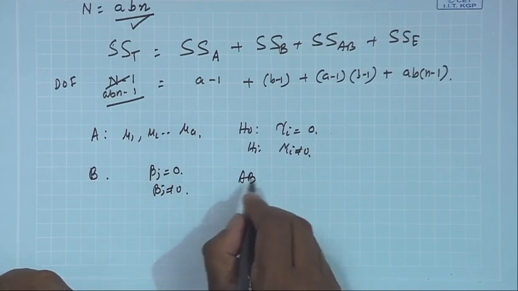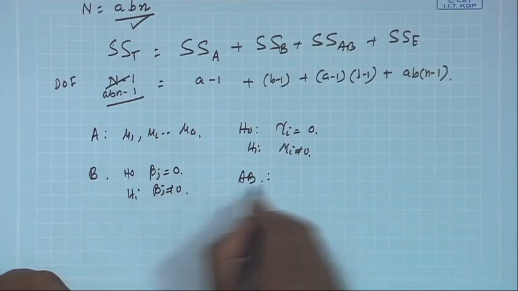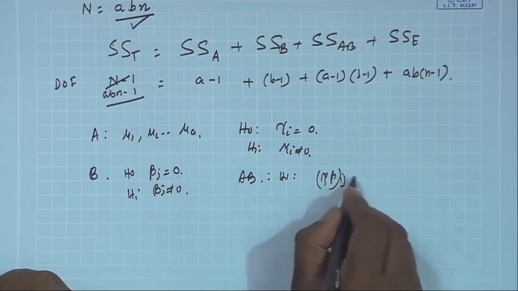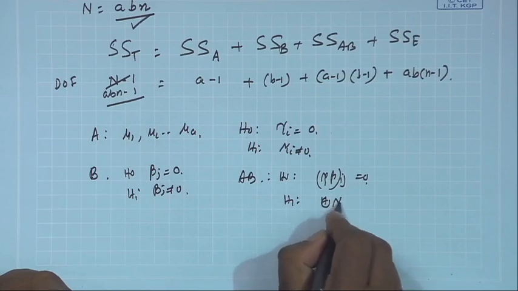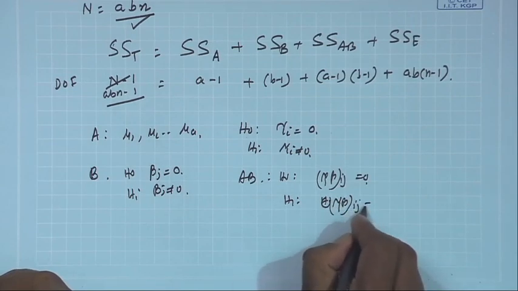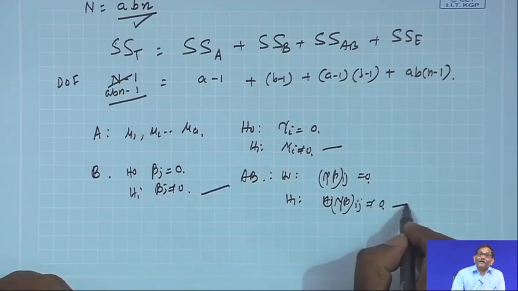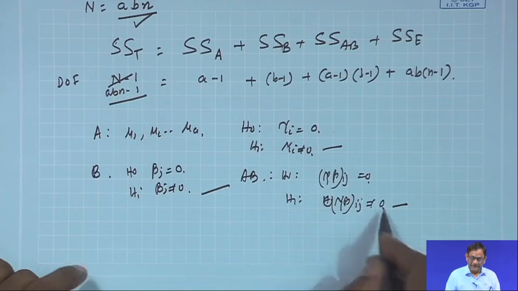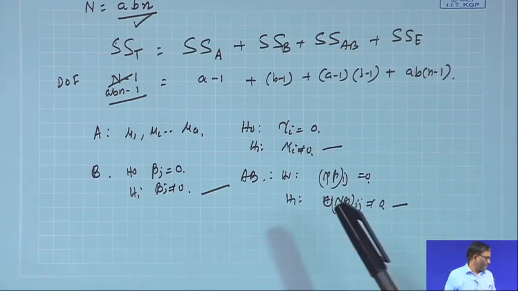Similarly, for AB, H0 is tau beta ij equal to 0, and H1 is tau beta ij not equal to 0. Obviously, in these cases, at least one of the treatment or interaction effects is not 0.